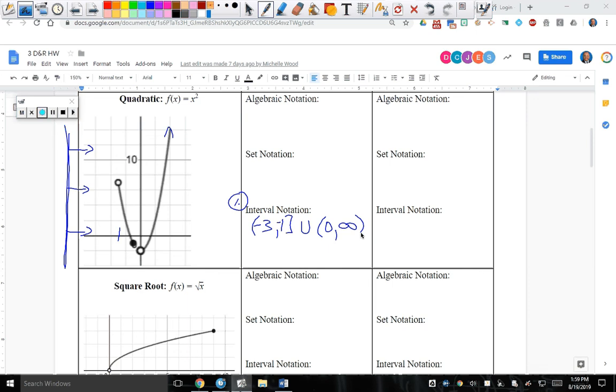Let's jump over to the algebraic notation now. Joseph, what would I do to write what I just did in algebraic notation? So you would do -3 is less than x, which is less than or equal to... perfect. Keep going, Joseph. What's the other one?